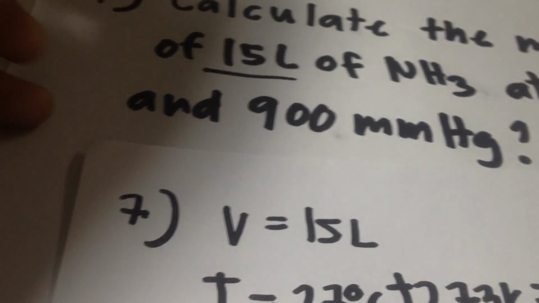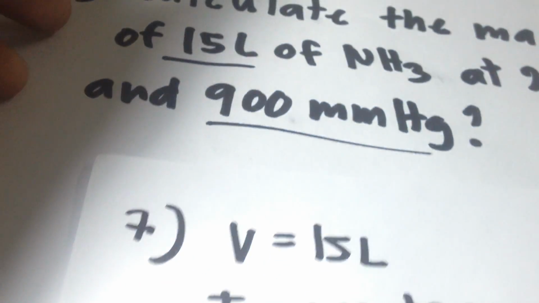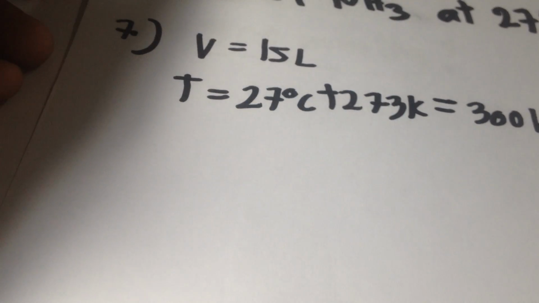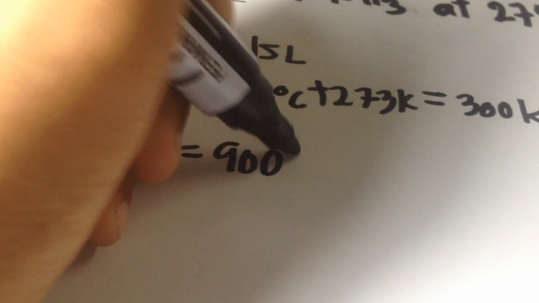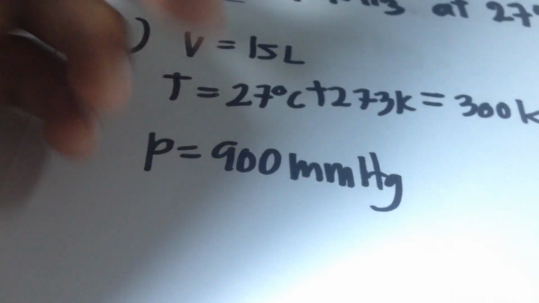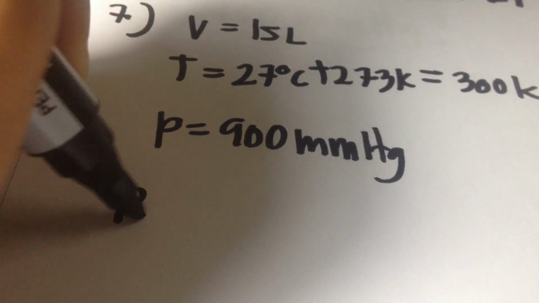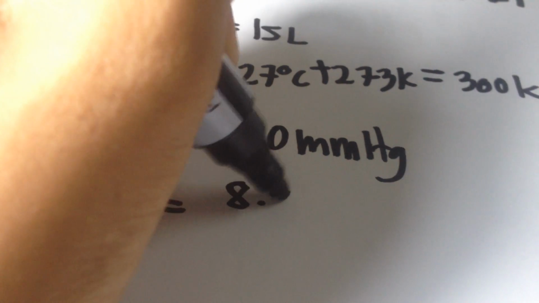And how about the pressure, which is 900 millimeters mercury? So the pressure here is 900 millimeters mercury, and we have an R here, which is the constant, which is 8.31 liter kilopascal over mole Kelvin.